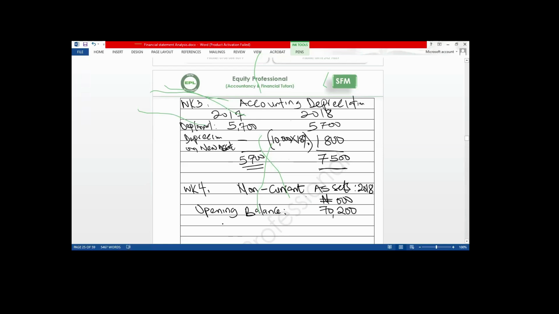Now, as at close of 2017, our non-current asset balance was 7,200. It was closing for 2017. It becomes opening for 2018.